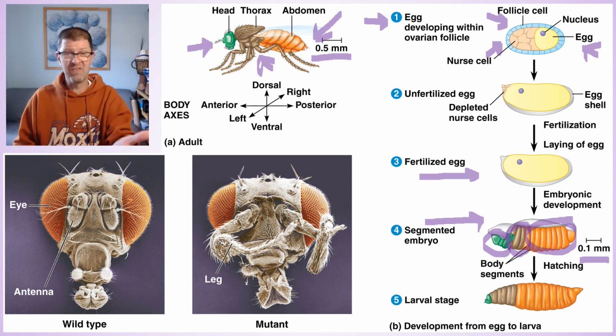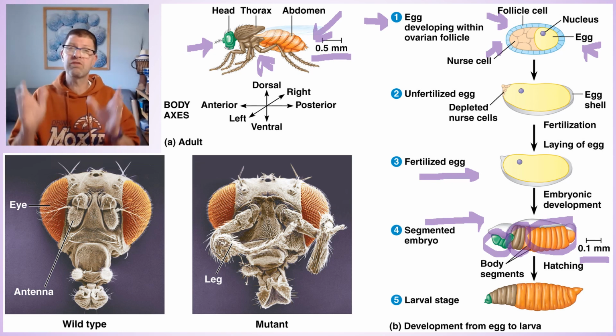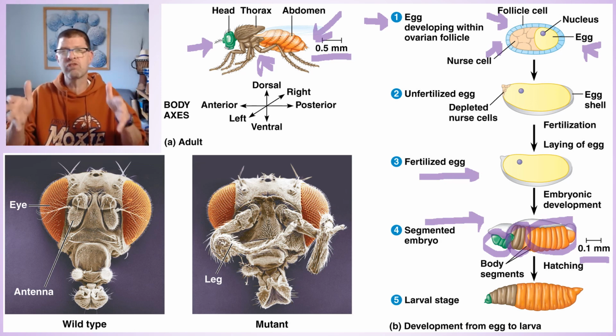There's a kind of a freaky picture down in the left here because it's a good example of what happens when this pattern formation breaks down. There are genes that are in every single cell of the body, and they need to be expressed at just the right time in just the right place, or things can go terribly wrong.